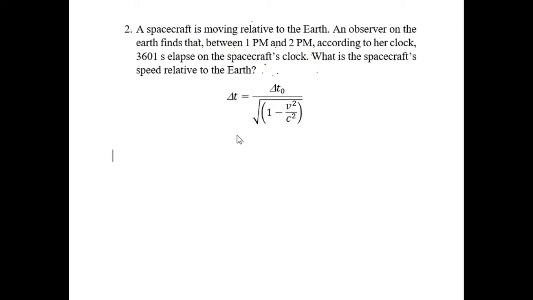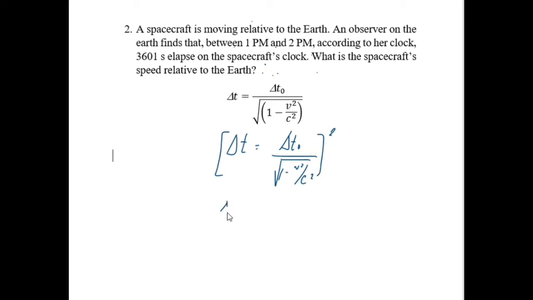Okay, you have here delta t is equal to delta t naught divided by square root of 1 minus v squared over c squared. Now we are looking for v, that's why we have to square both sides.